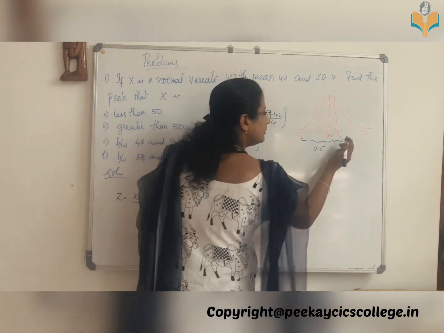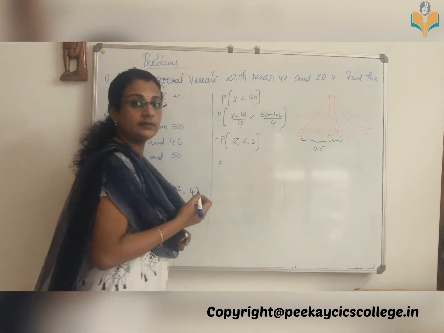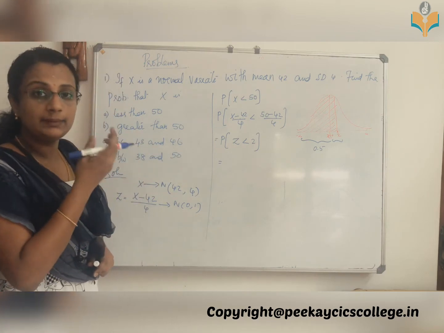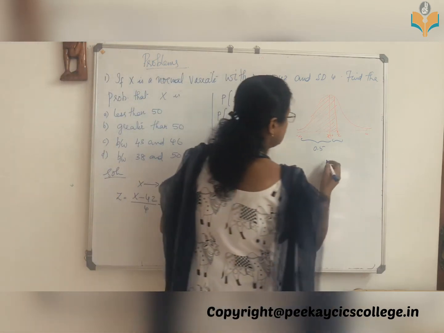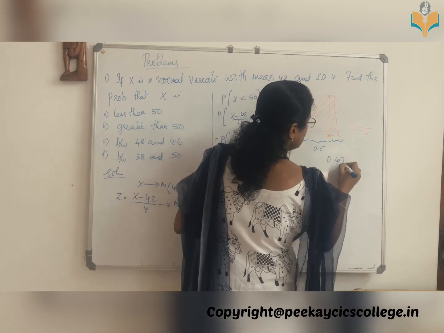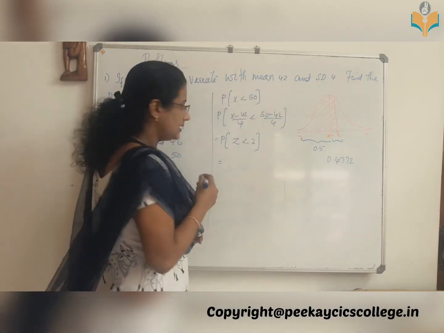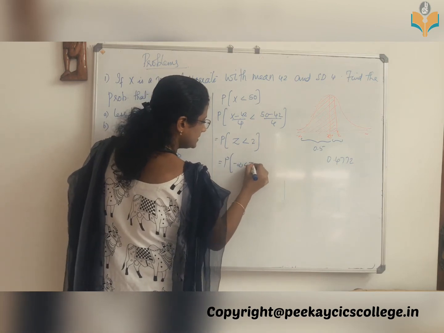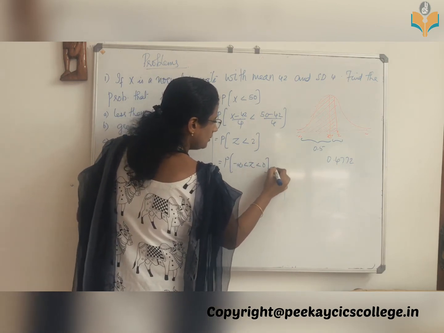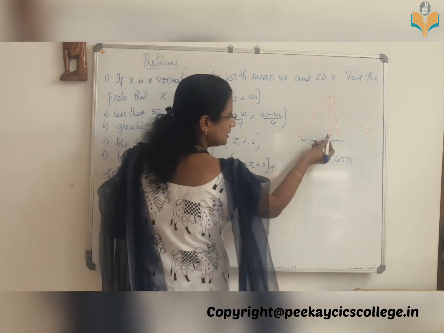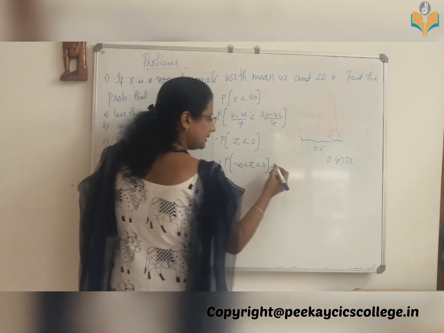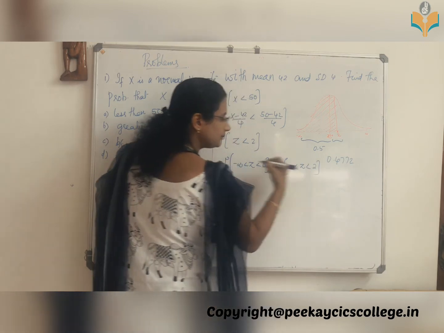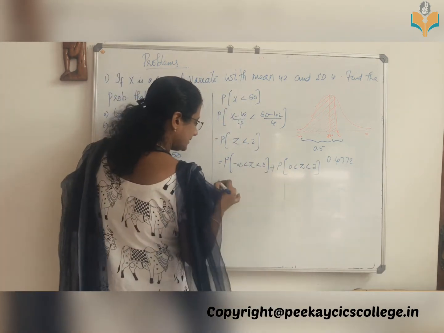ഇനി നമുക്ക് ഏത് കണ്ടാൽ മതി? z = 0 to 2 വരെയുള്ള പ്രോബബിലിറ്റി ഓഫ് 2ലുള്ള ഏരിയ കണ്ടുപിടിക്കാൻ ഈ സ്റ്റാറ്റിസ്റ്റിക്കൽ ടേബിളിൽ its value is 0.4772. Okay, so instead of this we can write probability of -∞ less than z less than 0 plus probability of 0 less than z less than 2. നമുക്ക് ഇത് രണ്ടും ആഡ് ചെയ്താൽ മതി.